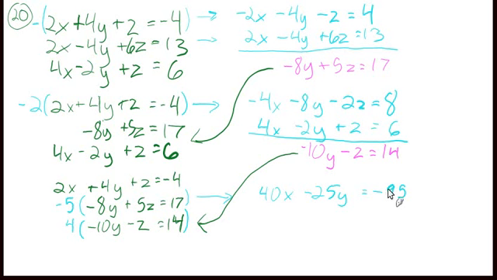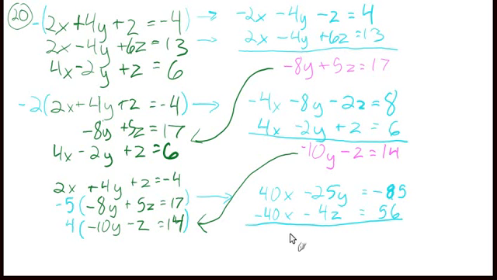Negative 85. Just doing that in my head. I should really grab a calculator so you don't have to wait on me for that. But negative 5 times 17 is going to give us negative 85. 4 times negative 10 is negative 40x. 4 times negative z is negative 4z. And that equals 4 times 14 would be 56. Yep, 56.